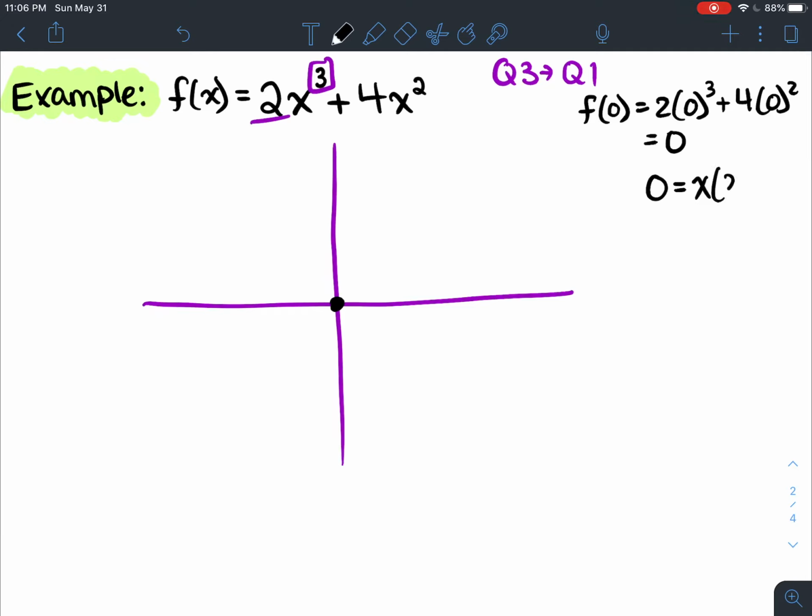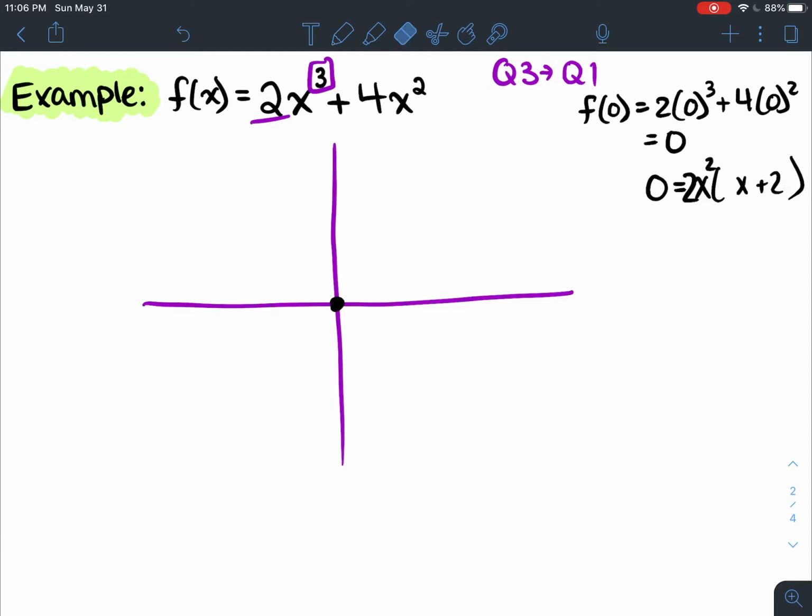I'm going to factor out an x. So I'll have 2x squared plus 4x. Ooh, I might as well factor out a 2. Yes, I can. So 2x. Okay. Oh, why don't I factor out a 2x squared?